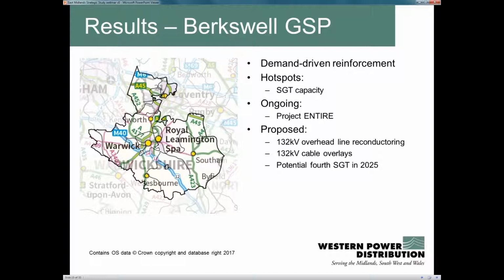By doing this, we can increase the network capacity in the area, and we'll be able to deliver enough capacity for those future demand and generation loads in that area. Once we start getting on to 2025 and beyond, then there's the potential to add a fourth supergrid transformer, which would of course require liaison with National Grid in order to achieve that.